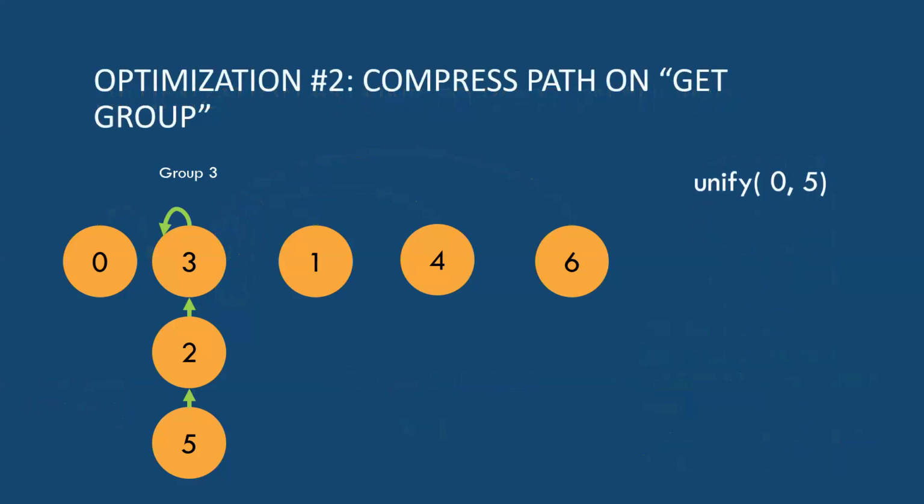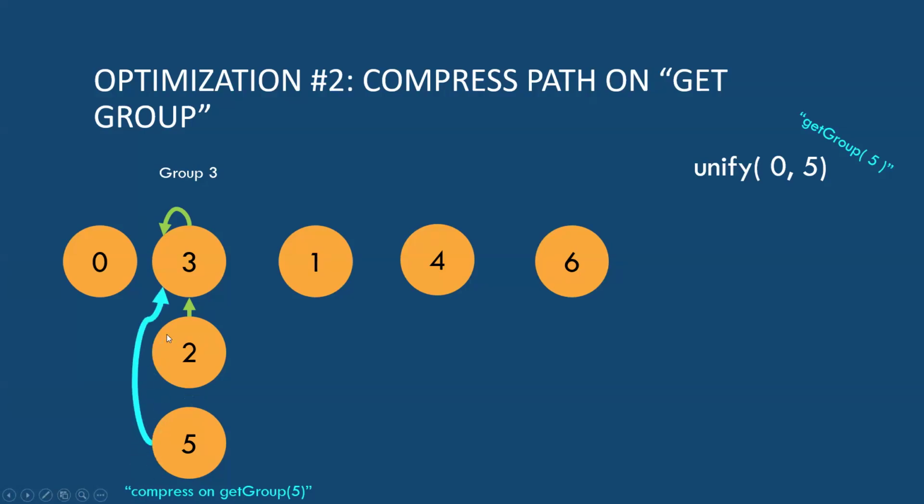So we're going to look at path compression. The idea with path compression is, in addition to following the parent up to the top, we are also going to do some structural work in that process. So when I unify 0 and 5, and I figure out, oh, 5's parent is 3, I will also do a little eager cleanup and rewire everything in that chain while I'm looking for the 3, or after I found the 3.